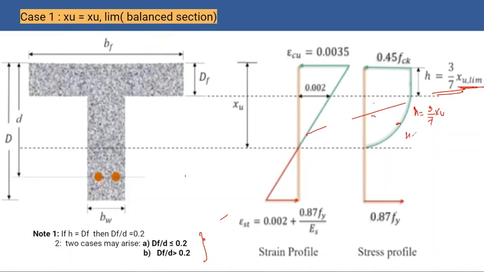Now if Xu is equal to Xu limit, then we also found that तब Df by D 0.2 हम लोग प्रूफ कर सकते हैं. पहले हम लोगों ने किया. You can arrive at this situation. अगर this situation arise, तो you have two more cases, sub cases जिसको बोलते हैं.